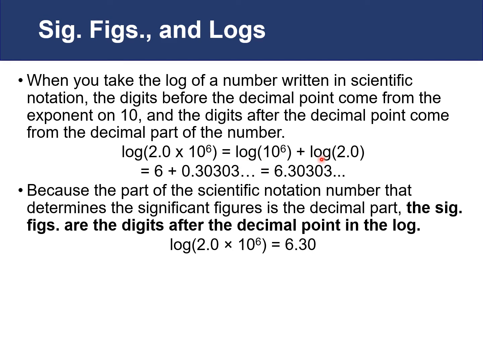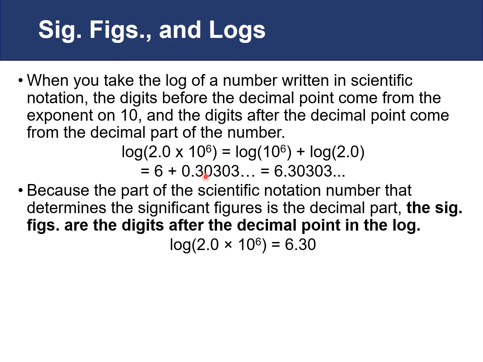So the log of 2.0 times 10 to the 6th is the same as the log of 10 to the 6th plus the log of 2.0. The log of 10 to the 6th is 6, and the log of 2.0 is 0.30303 repeating.